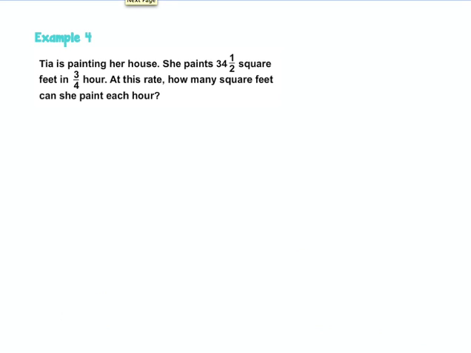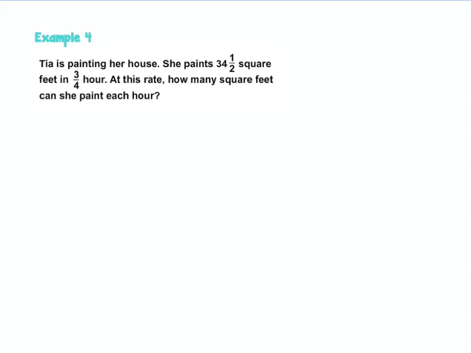So here's example 4. It says, Tia is painting her house. She paints 34.5 square feet in 3/4 of an hour. At this rate, how many square feet can she paint each hour? Well, we have to compare the amount of square feet to the hours. So let's write that ratio.